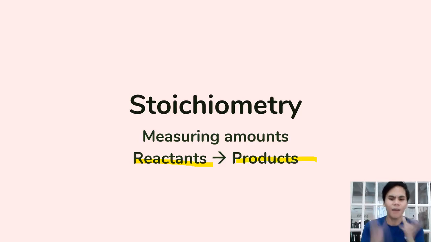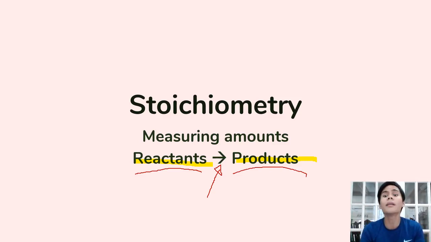So every time you have a chemical reaction, take note that it's always written with an arrow that shows the trend of the chemical reaction, whether it's going from one side to the other, and the ingredients are called reactants, and what you make after your reaction are called the products. So again, stoichiometry is just measuring how much reactants you have and how many products you have in a chemical reaction. Very simple conceptually speaking, but when we start calculating, it gets a bit complicated.